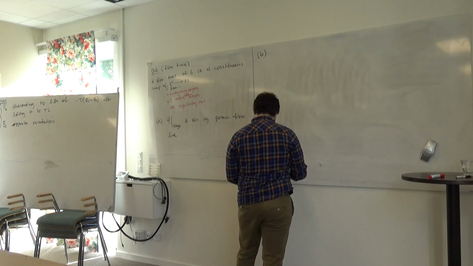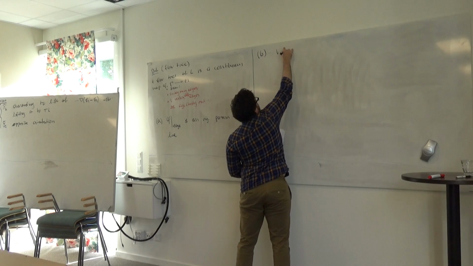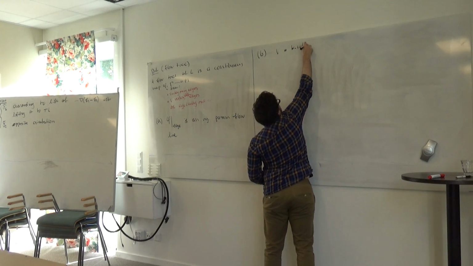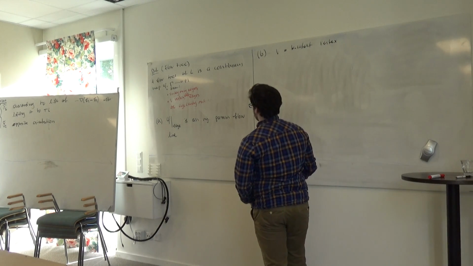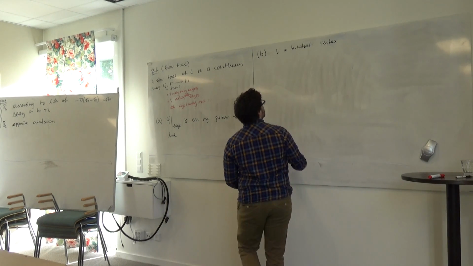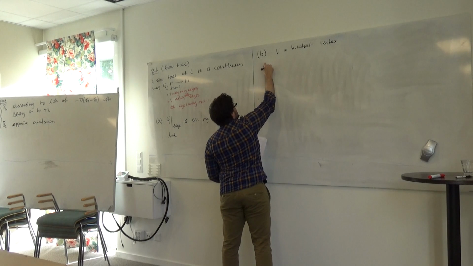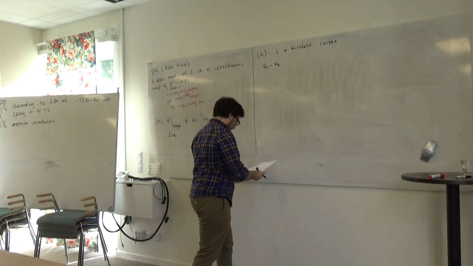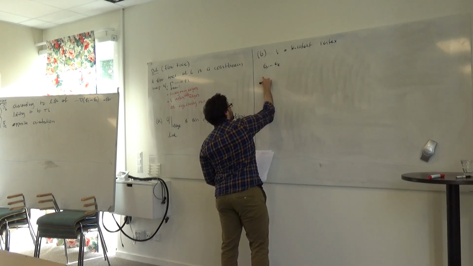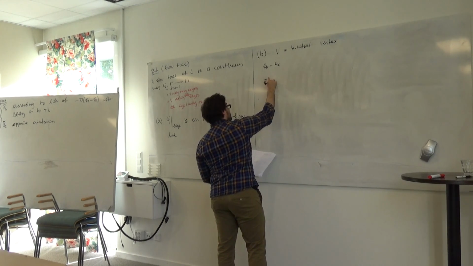B. So if V is a k-valent vertex and the adjacent edges are E1 to EK, then we consider the cotangent lift.